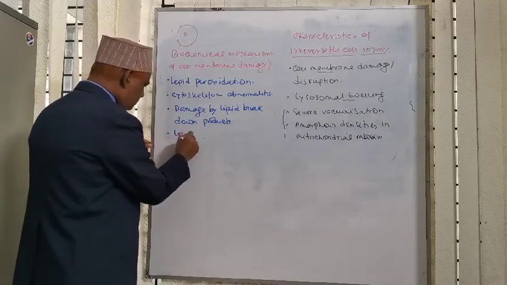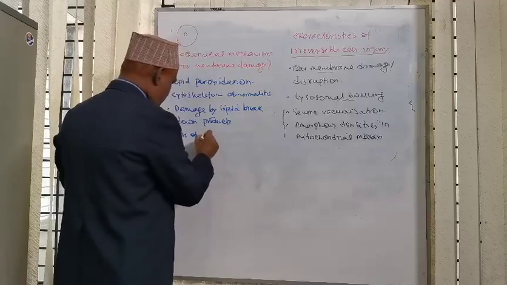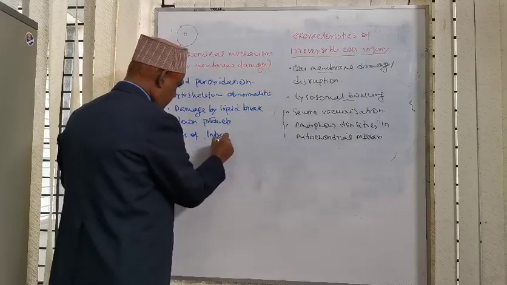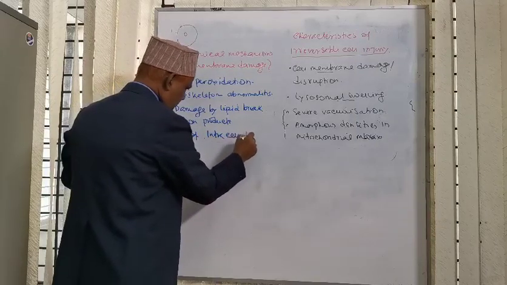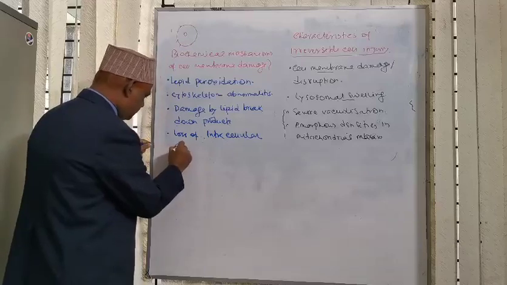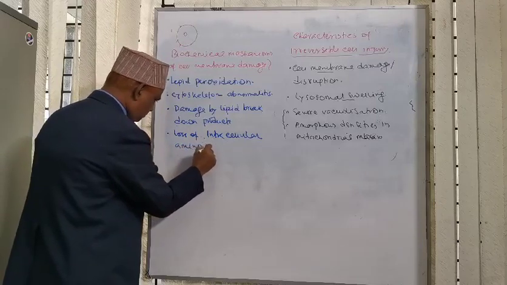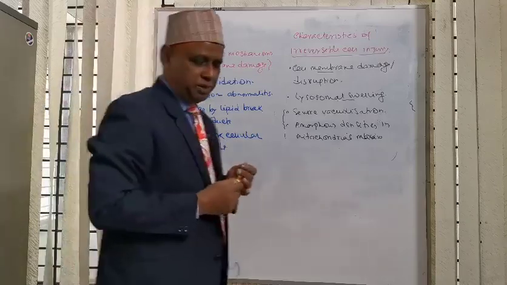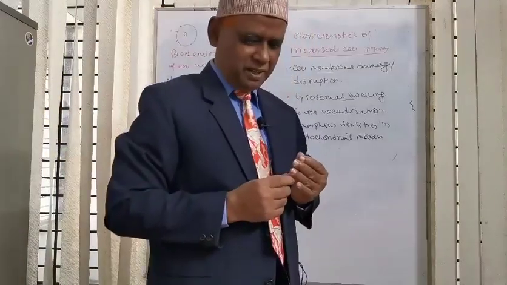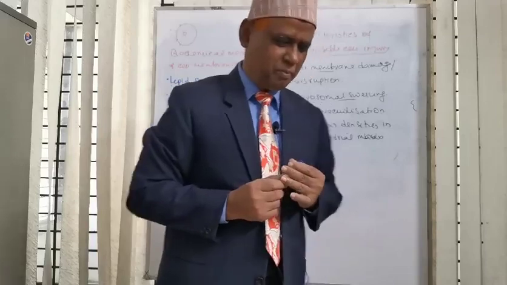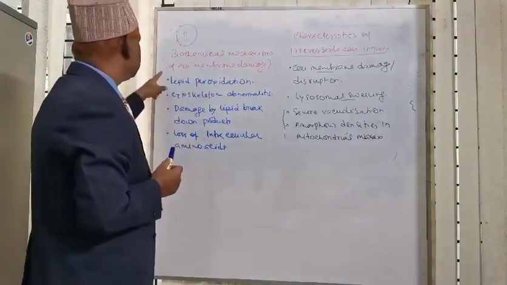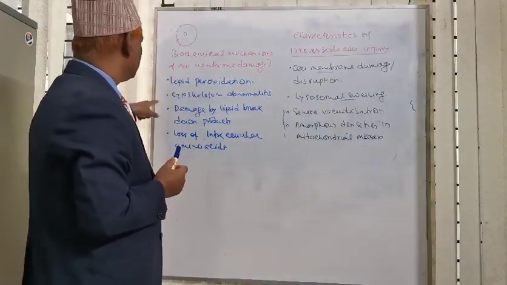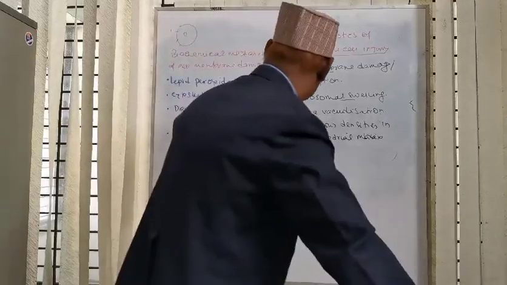Loss of intracellular amino acids. It is also associated with cell membrane damage. So this is the biochemical mechanism of cell membrane damage.